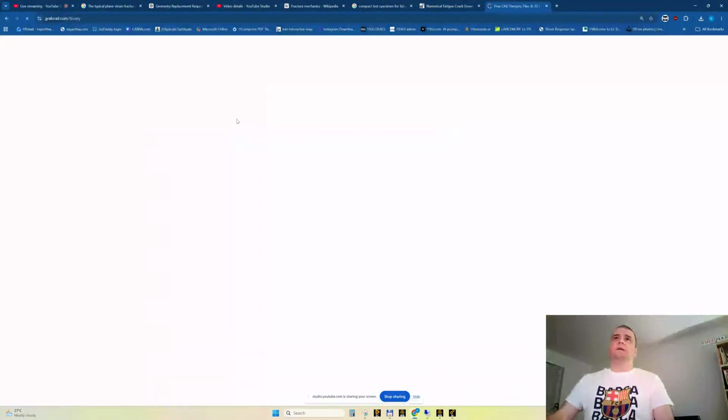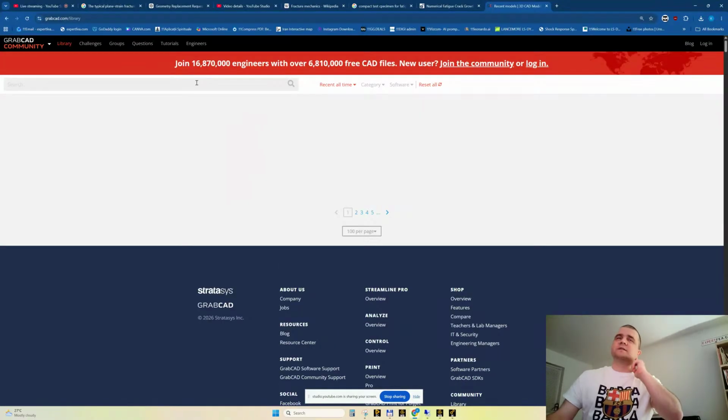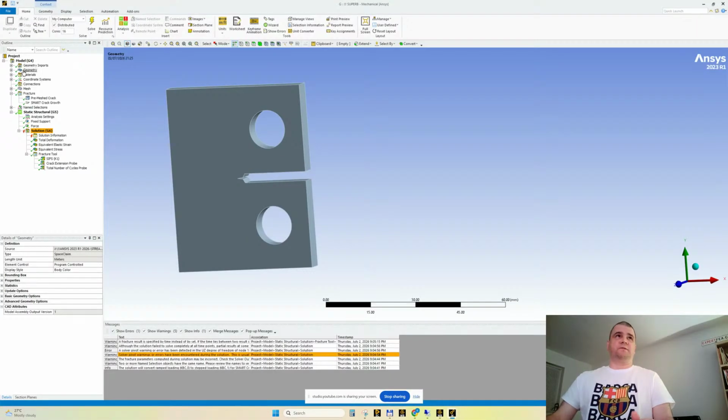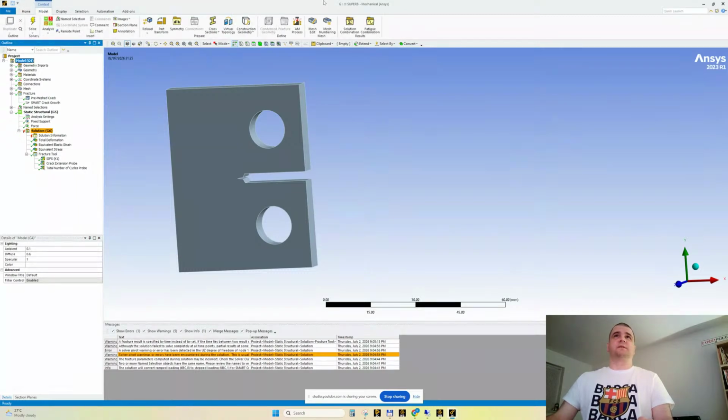I would like to show that this geometry is not correct for smart crack propagation in ANSYS. Let me show you what I'm talking about, because there are multiple ways of achieving and studying fracture mechanics.